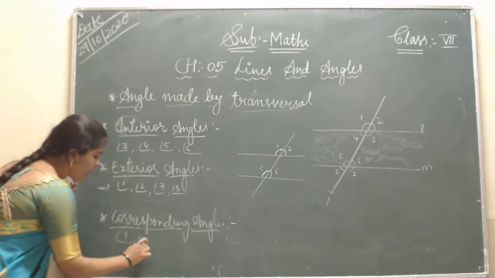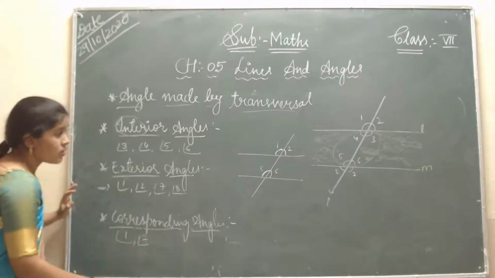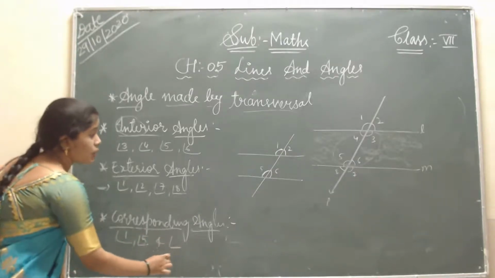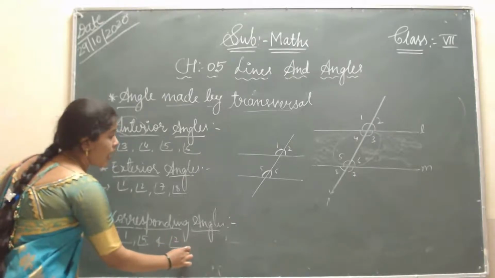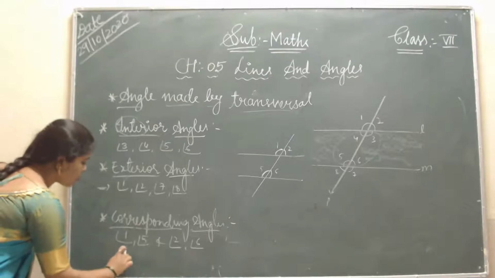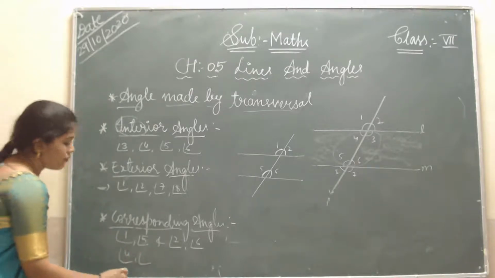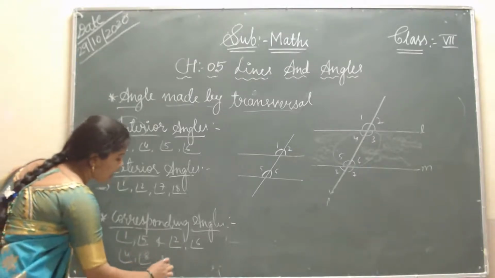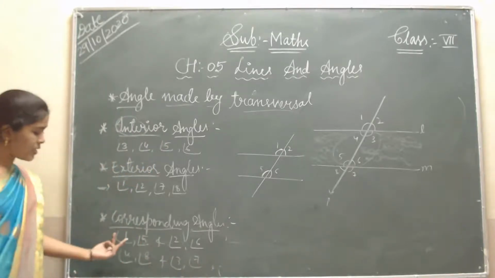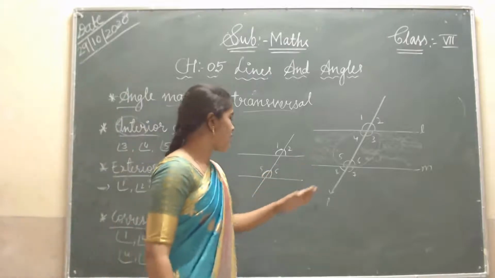Angle 1 is corresponding to angle 5 and angle 2 is corresponding to angle 6. Next, angle 4 is corresponding to angle 8 and angle 3 is corresponding to angle 7. See here, corresponding means same side of this transversal line.